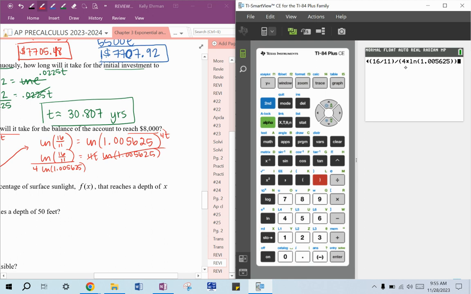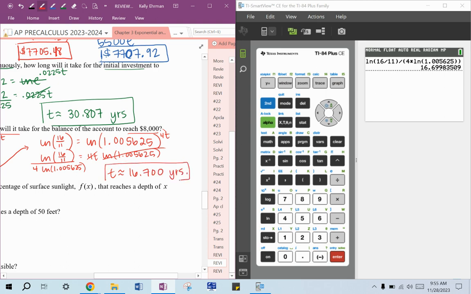It would only divide by 4, and then it would multiply the answer by that. All right, so rounding to 3 places, 699 rounds up to 700. So t is about equal to 16.700 years. If you're not sure on the rounding, take it to more than 3 places and then round wherever you stop, round it correctly.